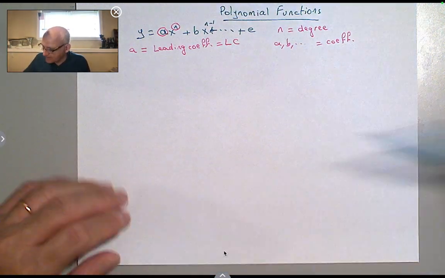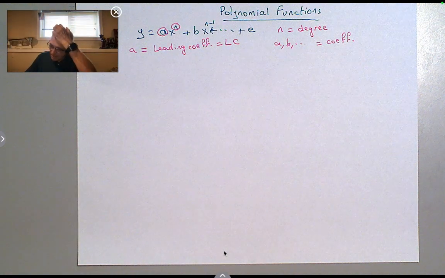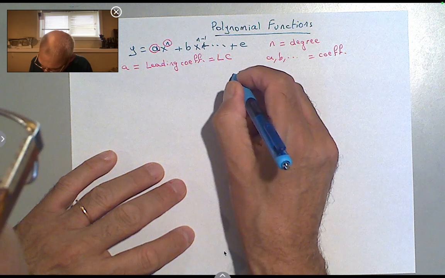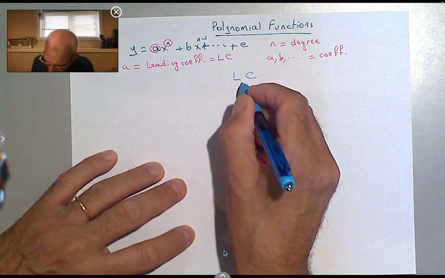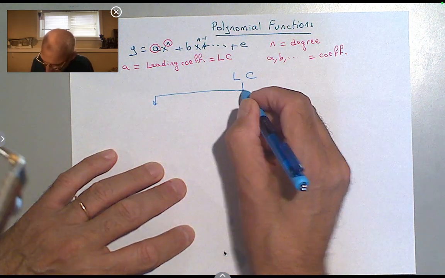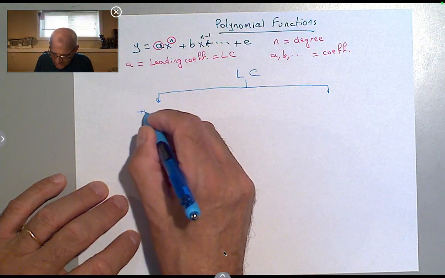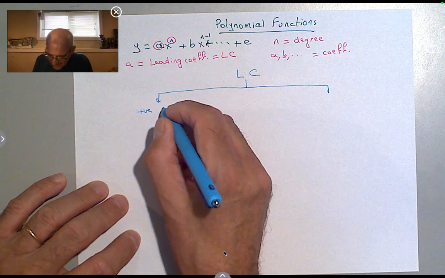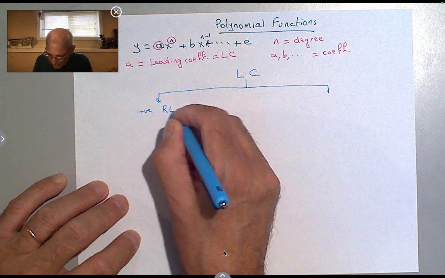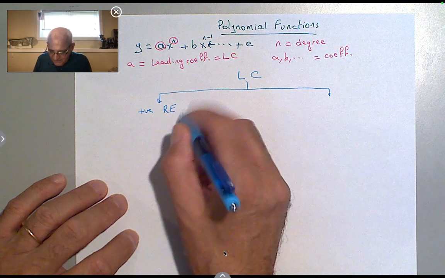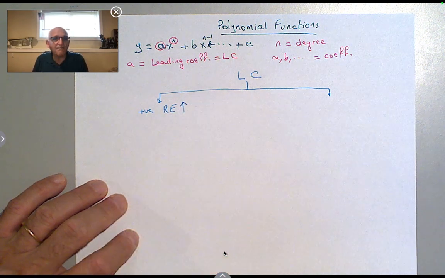So let's talk about the leading coefficient. Very easy and common sense. I mean, there's nothing hard here. If the leading coefficient is positive, then the right end, I'm going to use RE for right end and LE for left end, the right end will end up going up.